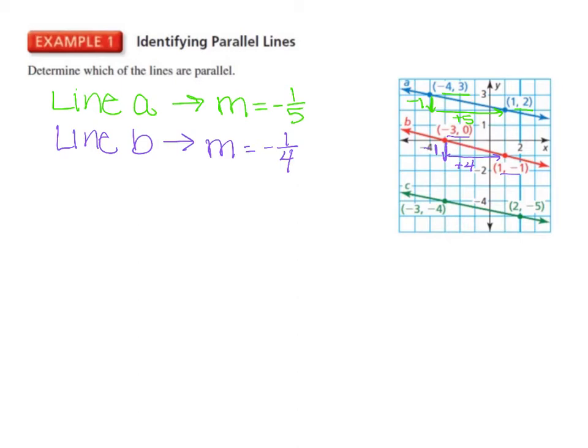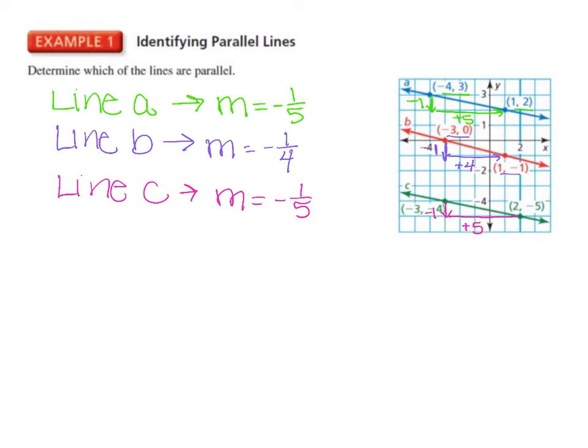And the last one, I went down 1 and then towards the right, or the positive numbers, 1, 2, 3, 4, 5. So my slope for line C was negative 1/5.